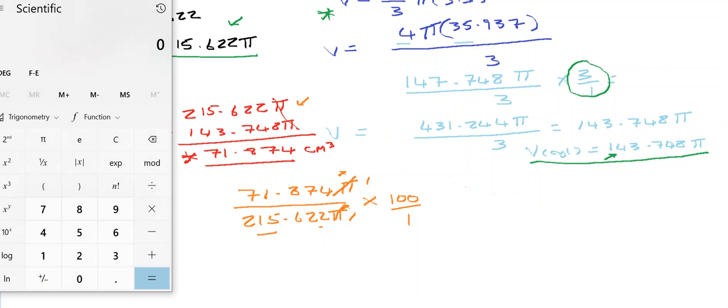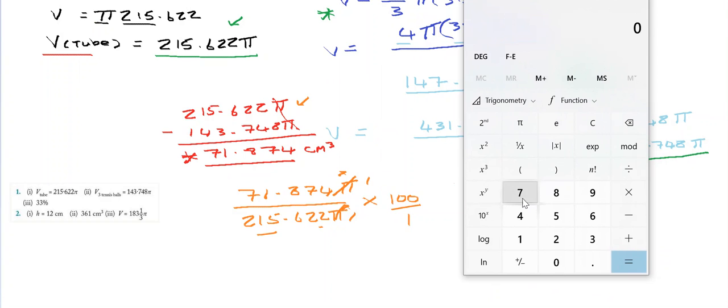Okay, so it's going to be 71.874 divided by 215.622. That's equal to 0.33, and then you multiply that by 100, and that's equal to 33.33%.